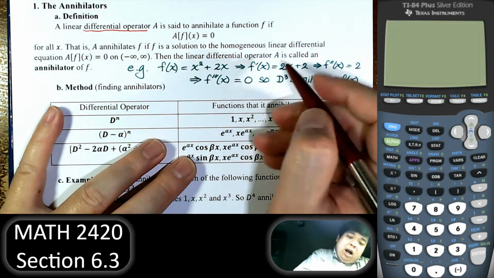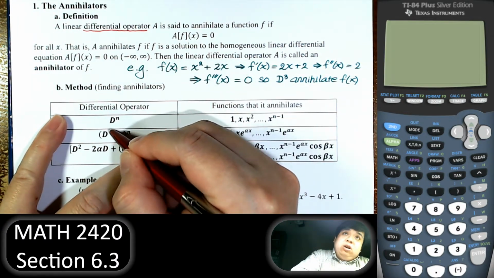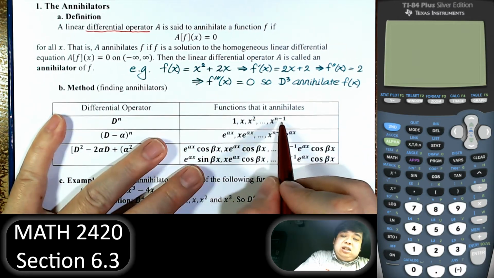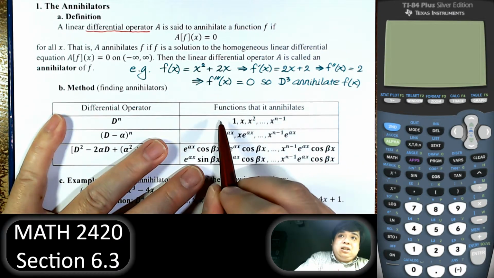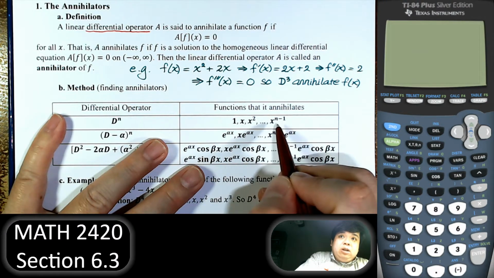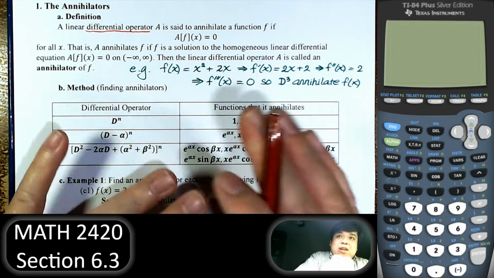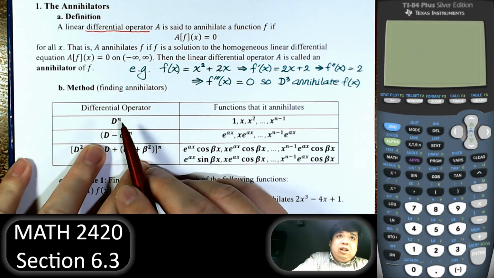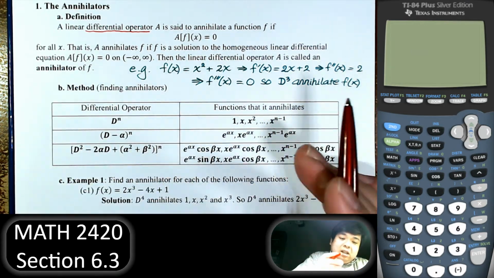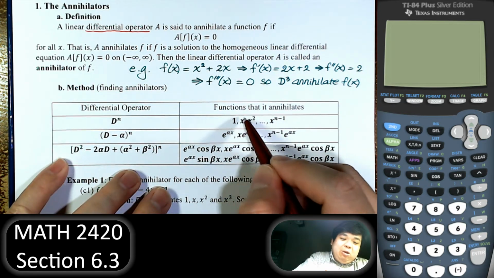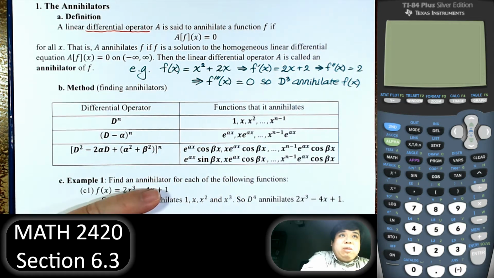So when we have the nth order derivative, or d to the n, we annihilate anything that is degree 1 less than it. Of course, it has to be a whole number. If it is x to the 1/2, it's not going to work with the derivative. It's not going to annihilate the square root of x. I mean, of course, it's raised to natural numbers only.